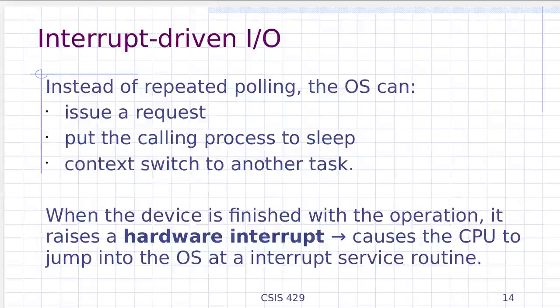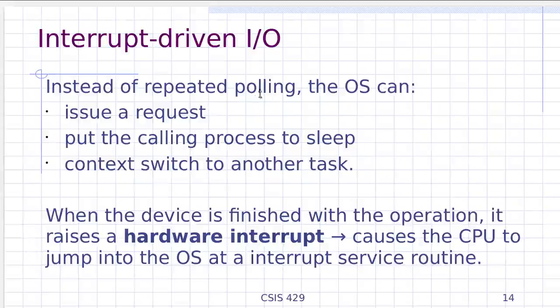Okay, so hopefully you just saw how you can use polling to do I/O and deal with the slow input-output. But because of the vast differences in speeds of I/O versus the CPU, which is very fast, it's not a good use of the CPU to do repeated polling.